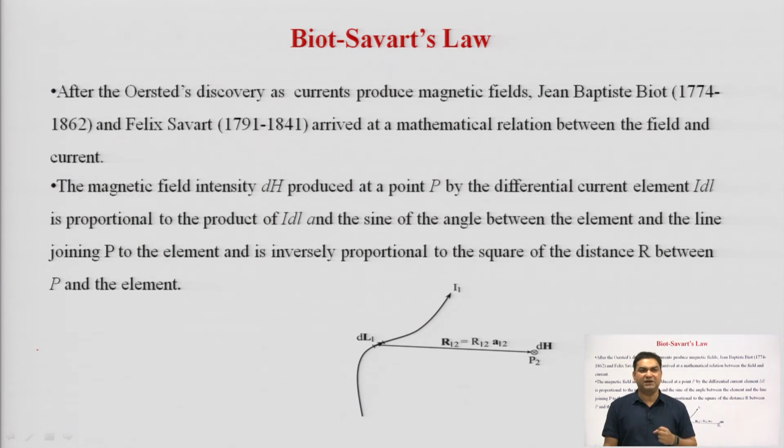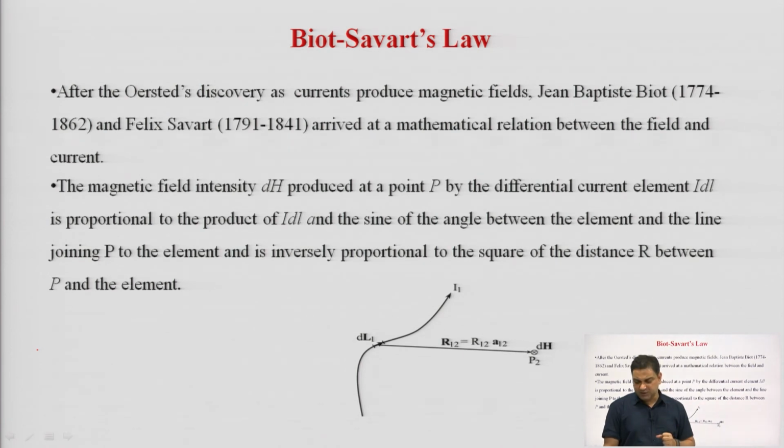The magnetic field intensity dH produced at a point P by the different current elements IdL is proportional to the product of IdL and the sine of the angle between the element and the line joining P to the element, and it is inversely proportional to the square of the distance r between P and that current element IdL. This is very similar to Coulomb's law.